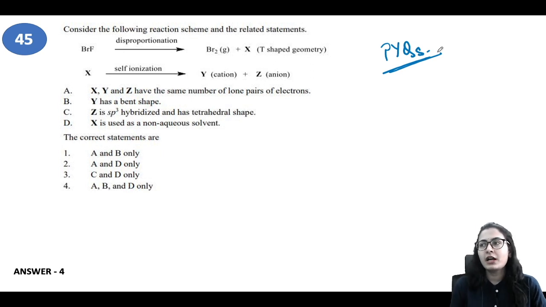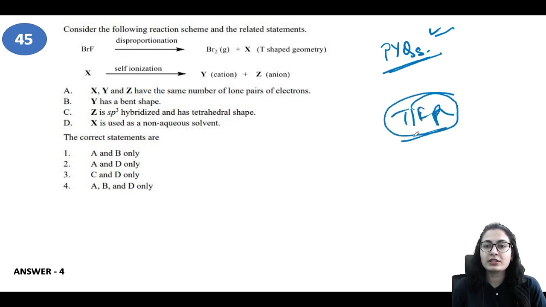There are a lot of, if not exactly common, but similar questions that you have got from the previous years. Okay, so yeah, please solve the previous year questions of both CSIR NET and GATE. And I have created a playlist for CSIR NET questions, for GATE as well as for TIFR questions. So please go through that TIFR questions playlist.